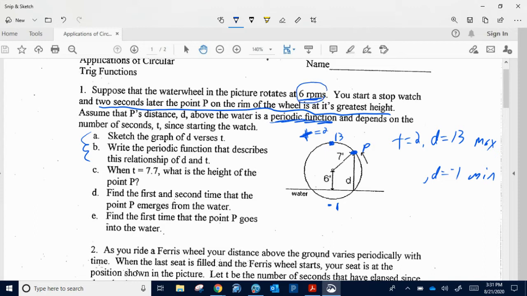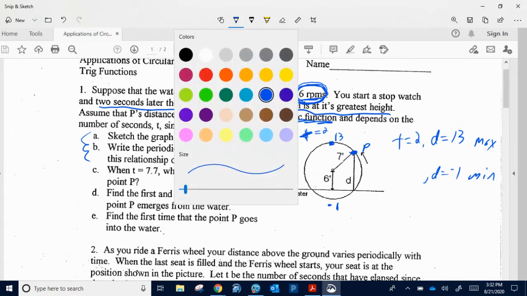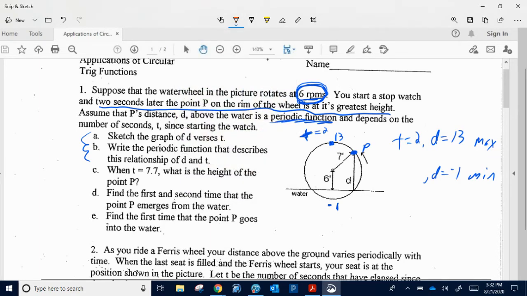6 revolutions per minute. A lot of times people tell me the period, the amount of time necessary to repeat, is 6. It's not true here. Again, remember your period is how much time you need to go all the way around.